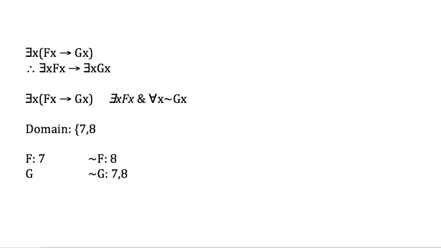Let's let this be our whole domain. We can see that everything in the domain is a non-G. We can see that something in the domain is an F, that's the number 7, and we can see that something in the domain fits this rather more difficult to say in English sentence. And so here we have our refutation. Here we have our counterexample.